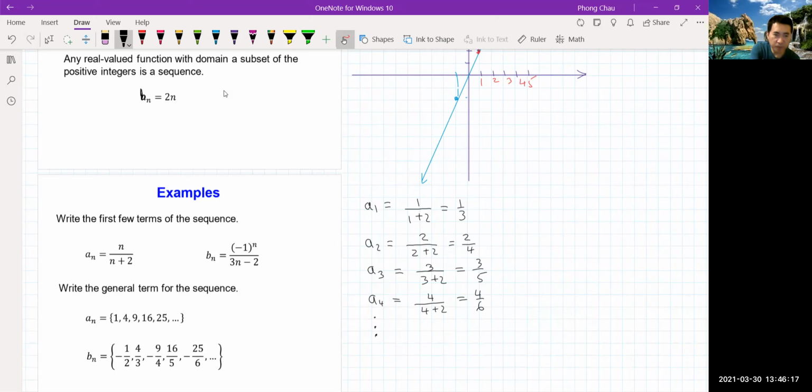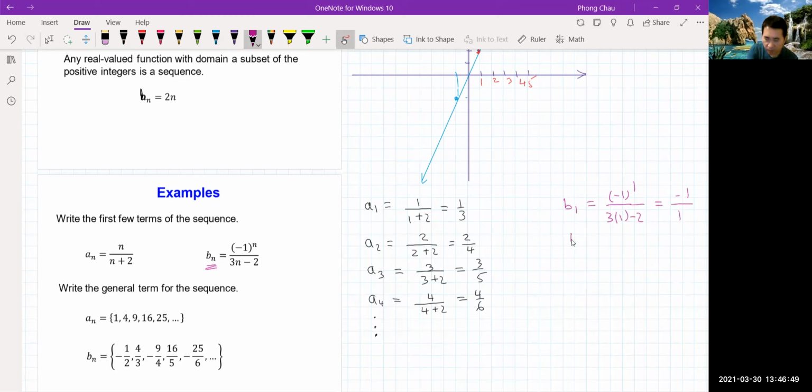Now for the b sub n. So for b1, what's the first term? You plug 1 in, so you have negative 1 to the 1 over 3 times 1 minus 2. Right, so that's negative 1 at the top over 3 minus 2, which is 1.